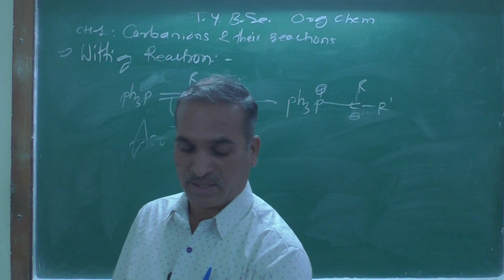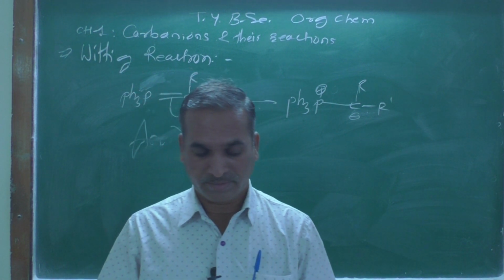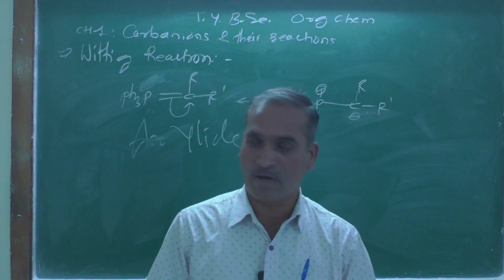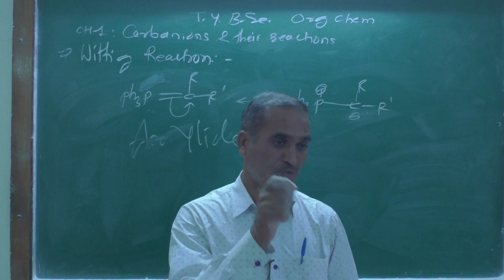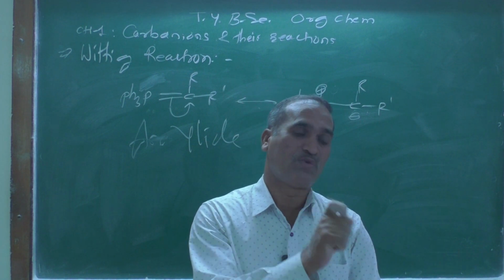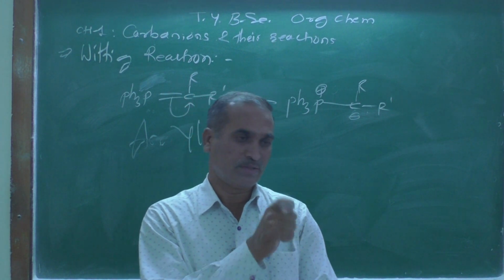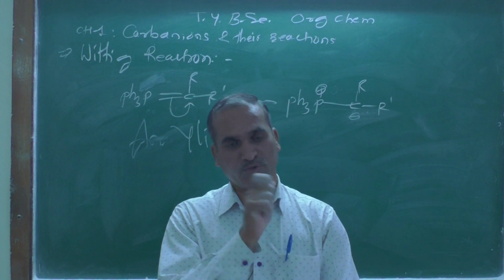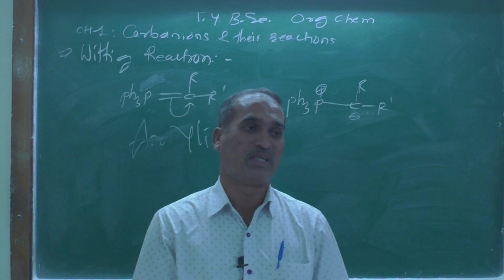How we get those, we will see next time. But already we have learned these things. If you read this chapter thoroughly, then you will get the answer to each question. All are involved in that.